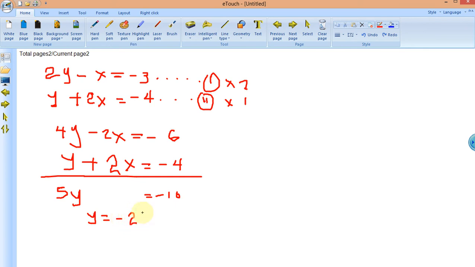Substitute for the value of y in either of the equations, 1 or 2. Let me go with equation 2. So I have y. Okay, y is minus 2 already. So that is minus 2. So let me just write 2x here. 2x equals to, now this is minus 2 here.